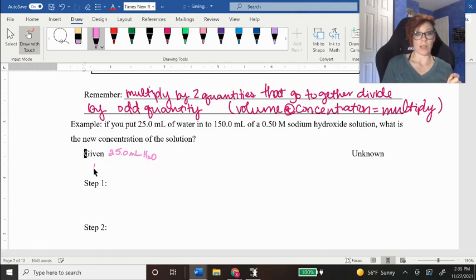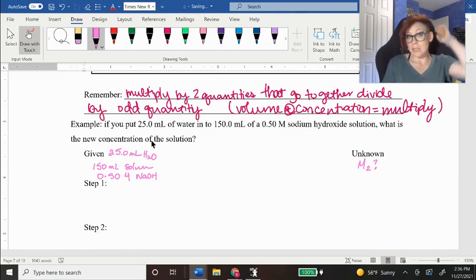Now, I've been given that I'm adding 25 milliliters of water, and I've got a 150 milliliter solution, and I've got a 0.50 molar NaOH solution. And my unknown thing is my new concentration. So my M2, what is that? Okay.